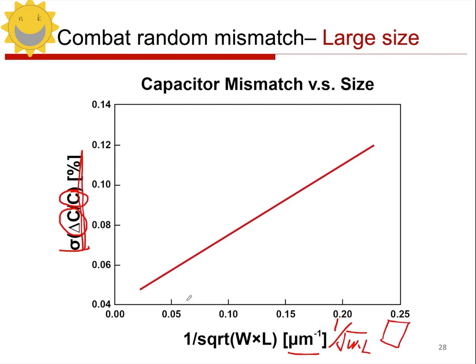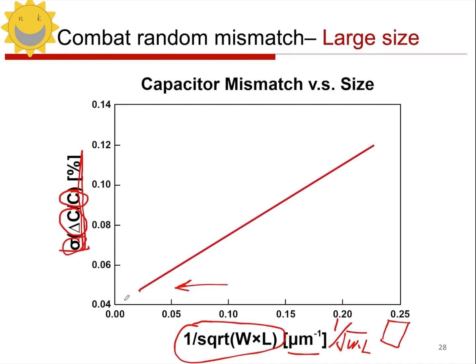As W times L increases, that's the direction, because the square root of W times L is in the denominator. So the larger the W times L, the smaller the entire term. That is, the closer to the origin, the larger the area of the device. So the larger the area, the smaller the deviation.